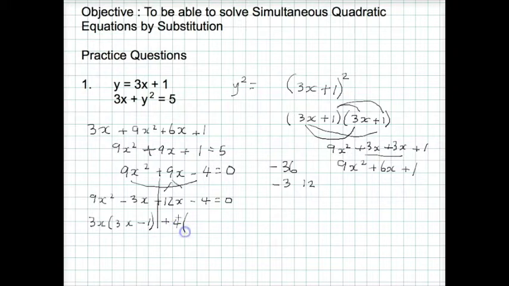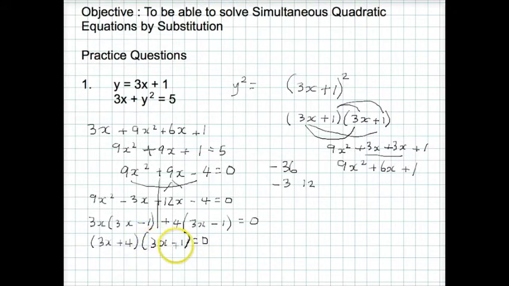Open brackets. 4 times 3x gives us 12x, and 4 times minus 1 gives us minus 4. That's equal to 0. Then we write whatever's outside the brackets in one set and whatever's inside the brackets in the other set. And now we can solve these.